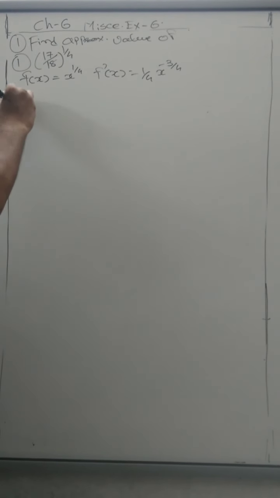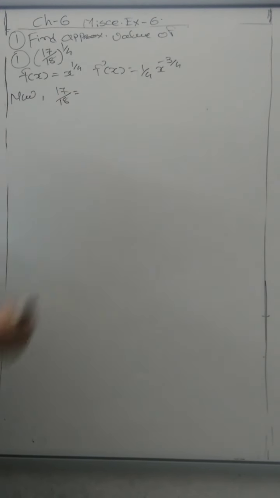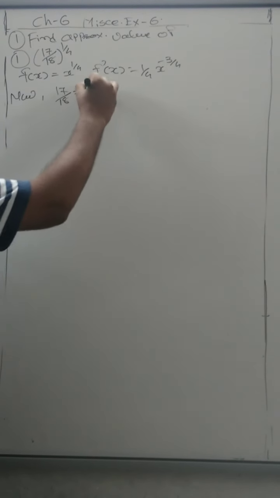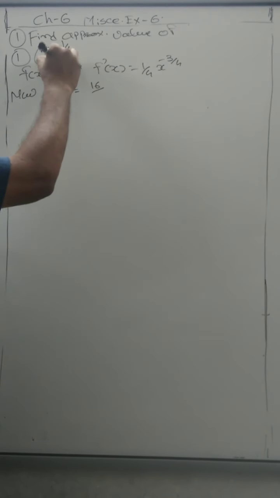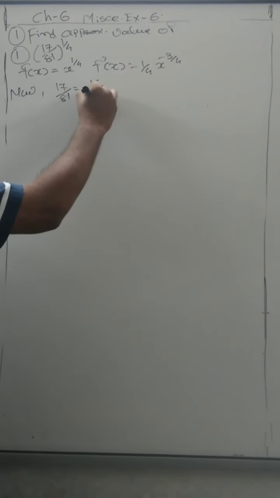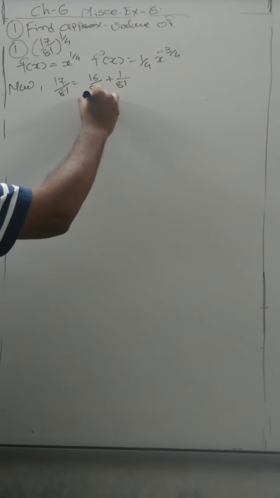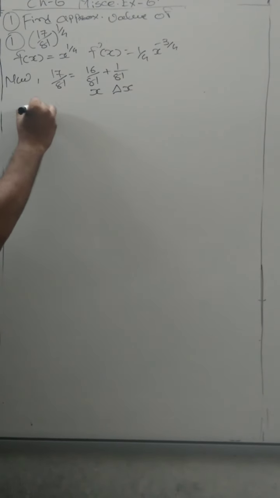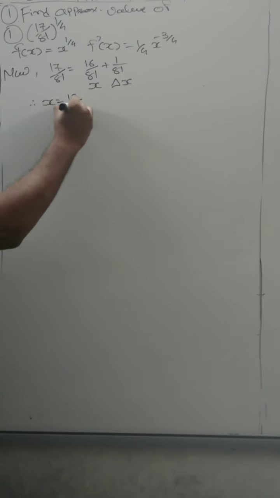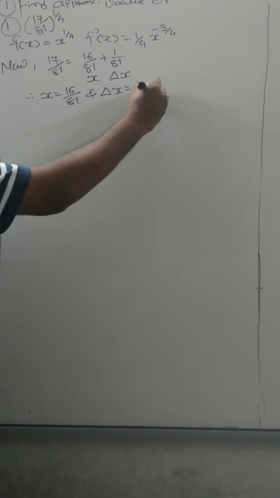Now we take two parts of this, 17/81, which has a fourth root: 16/81 plus 1/81. So this is x and this is delta x. So x is 16/81 and delta x is equal to 1/81.